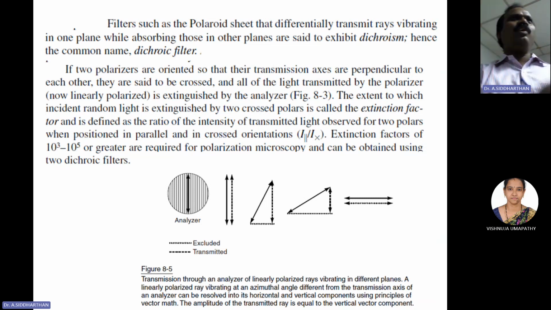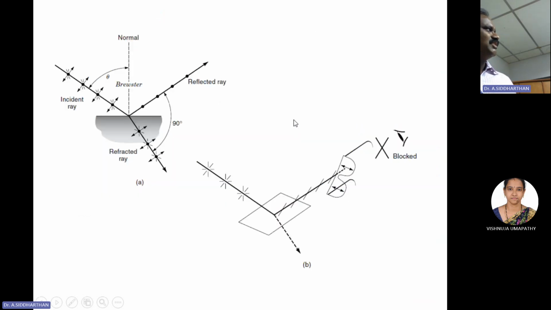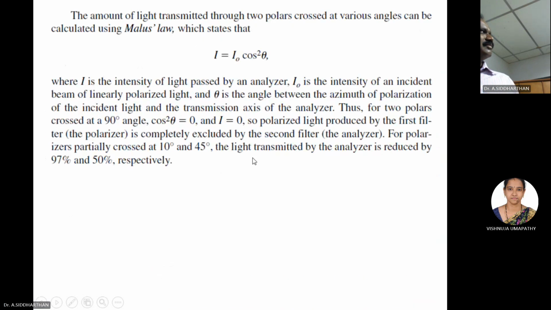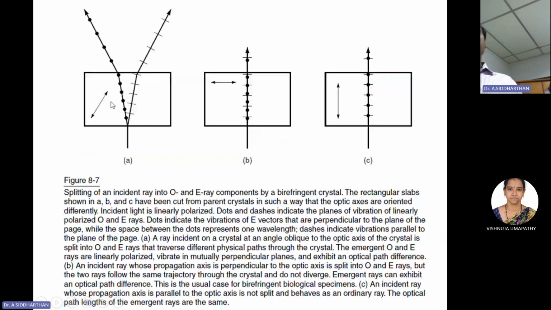Or if I make light fall on water or a refractive medium at a certain angle, I find reflected rays. By reflection also polarization is possible, and by refraction also polarization is possible. This difference in phenomenon in refraction corresponds to material property.